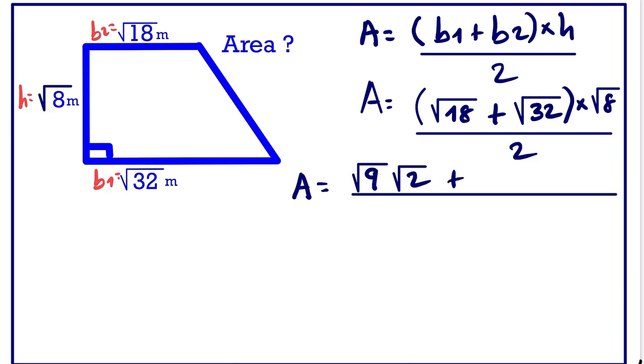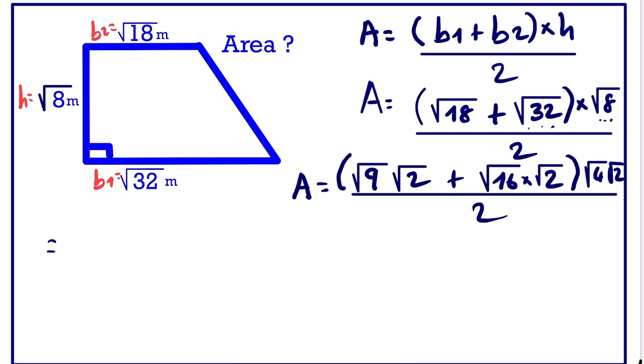In 32, the perfect square number is 16, so we go with root 16 times root 2. And root 8, with the perfect square number 4, is root 4 times root 2, divided by 2.